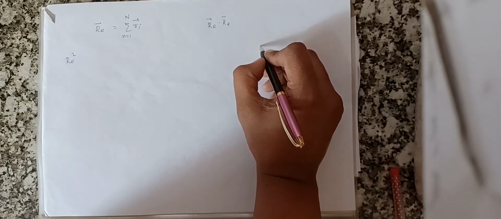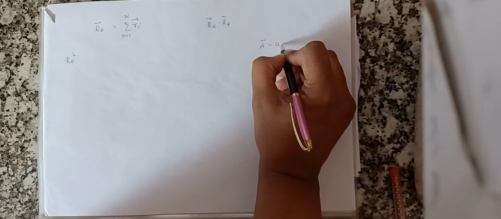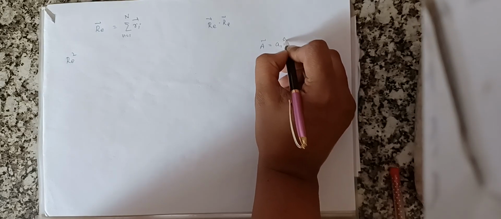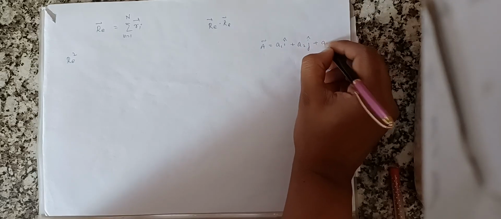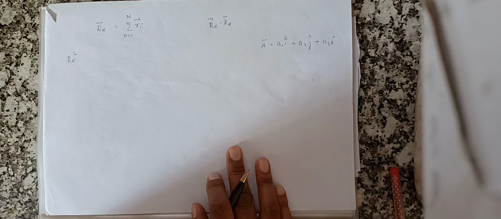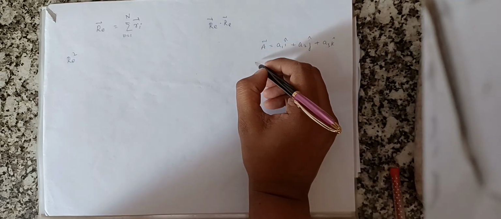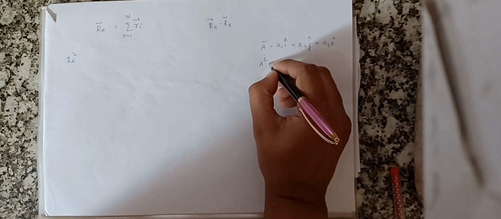Suppose you have a vector A, which is given by, say, a1 i hat plus a2 j hat plus a3 k hat, right? So this is the vector. If I want to find out what A square is, then what do I do?